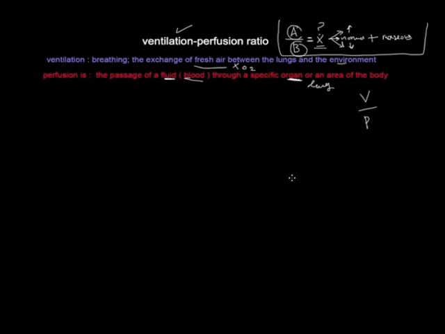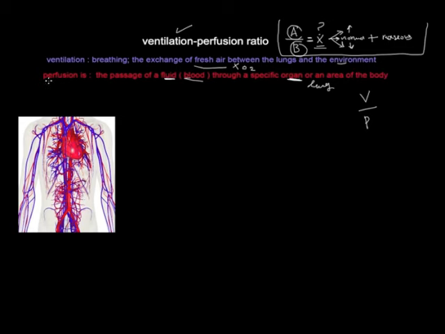Let us start with the value of P, because it's actually just a standard number. And this standard number, you can see right here the cardiovascular system. In the cardiovascular system, you have your heart, your veins, and your arteries.